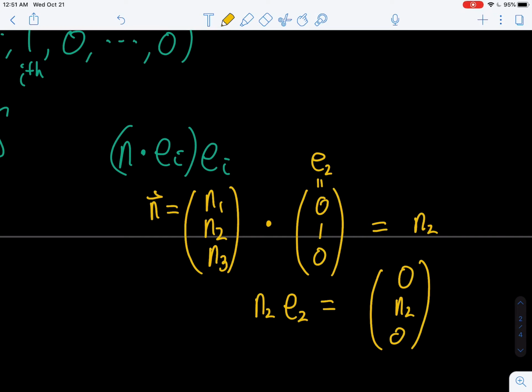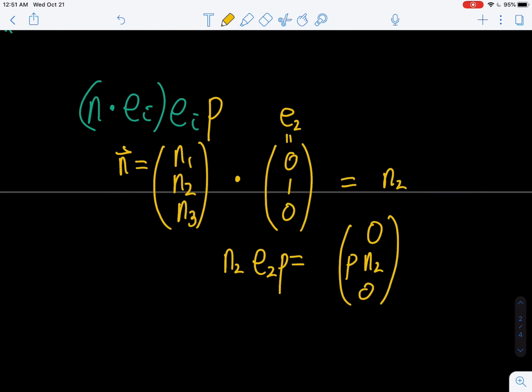Okay, what if I multiplied p here? Then all I'm going to get is p right here. And p is just a scalar, so my p can appear right there, right? That just means that n2 is also a scalar.